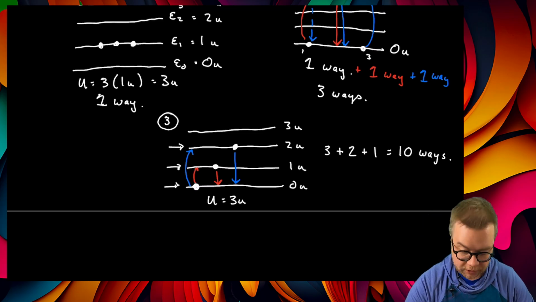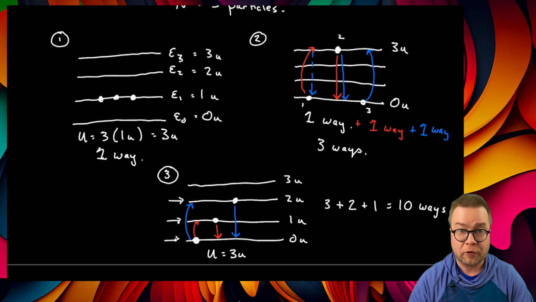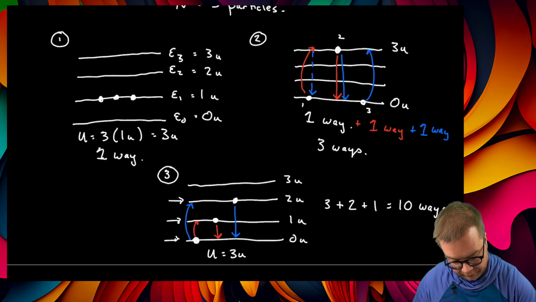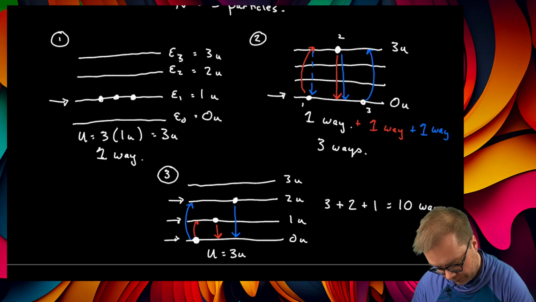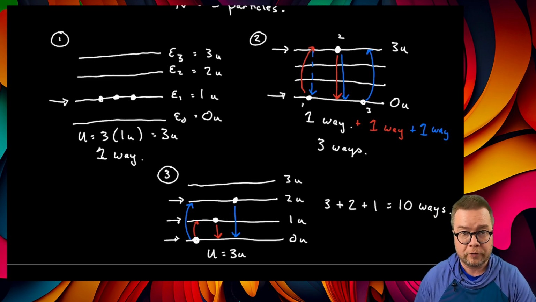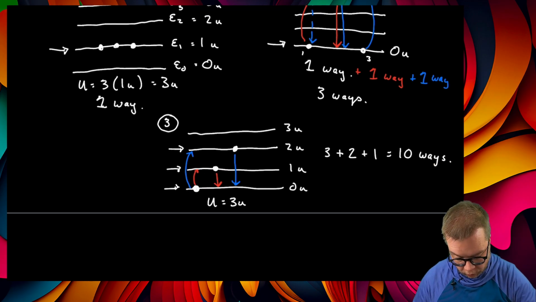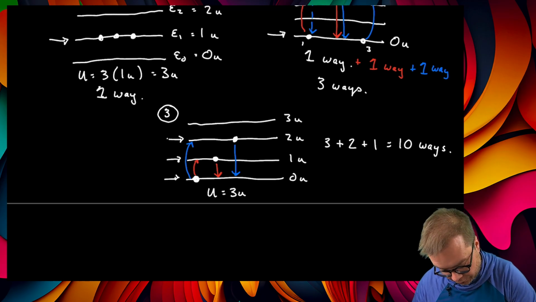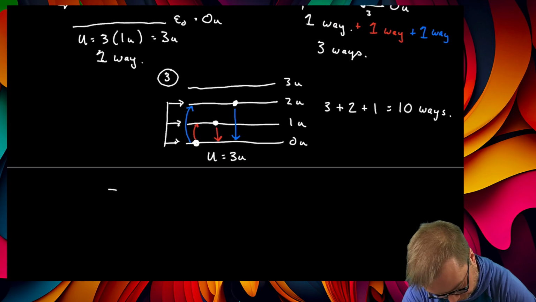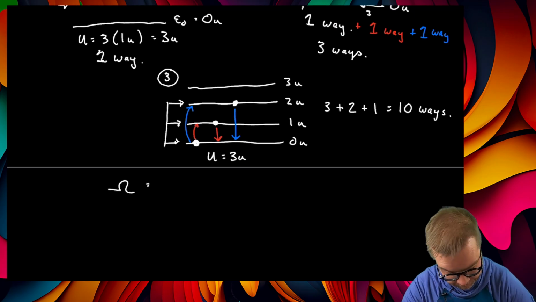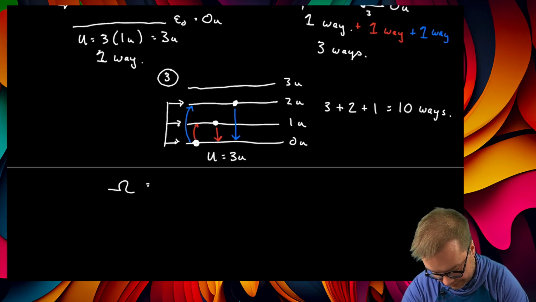So if I look at this system as a whole, right, I've got these 3 strategies in terms of putting them either all in the same energy level, by putting 2 in the 0th and 1 in the 3rd, or the top energy level, or this approach that I just looked at here where I put them all in different energy levels. And for this, the total number of microstates that I've got here, I've got 3 ways and 10 ways and 1 way.